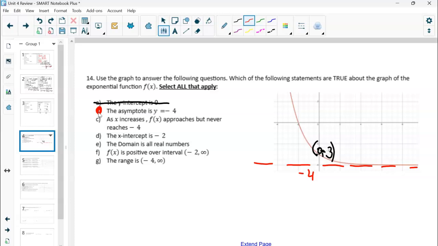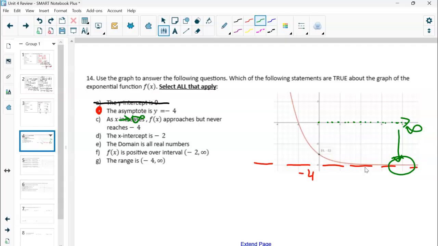Now, C. C has been one of the most missed questions by students because students rely on increase and decrease of the function, and that is not what it talks about. This is as x increases, f of x approaches but never reaches -4. This means as x is approaching positive infinity, as x is getting larger, going in this direction, as x is increasing, that means going toward positive, my function is trying to approach the asymptote.